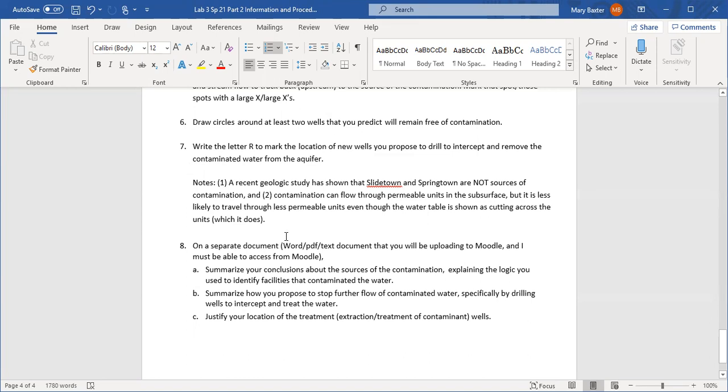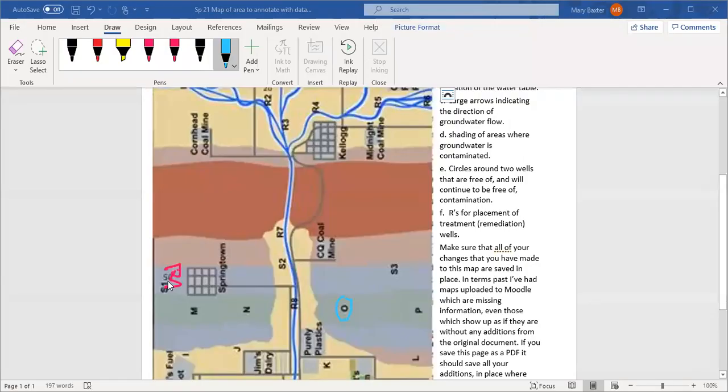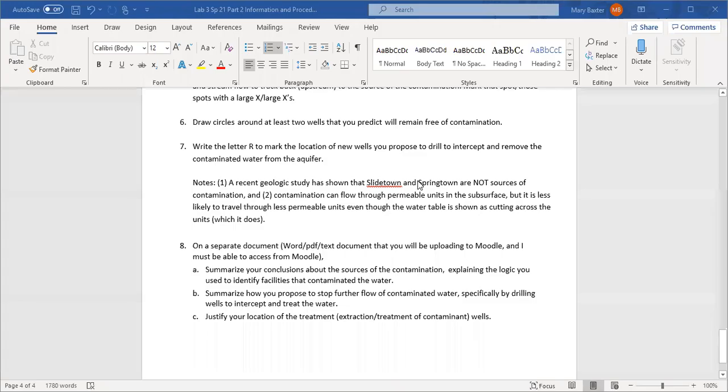I've had students tell me in the past that if we go back to that map, they see this spring right here is contaminated, and they blame it on Springtown. The details tell you right there that that's not true. They're saying that a geologic study has said that Slide Town, which is up in the hills further to the east, and Springtown are not the sources.